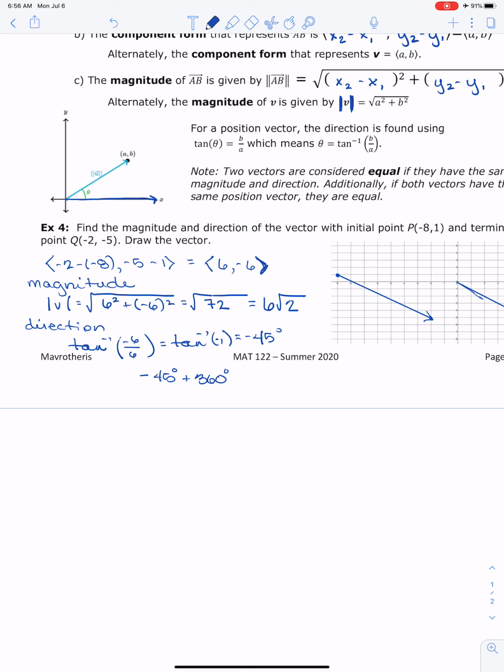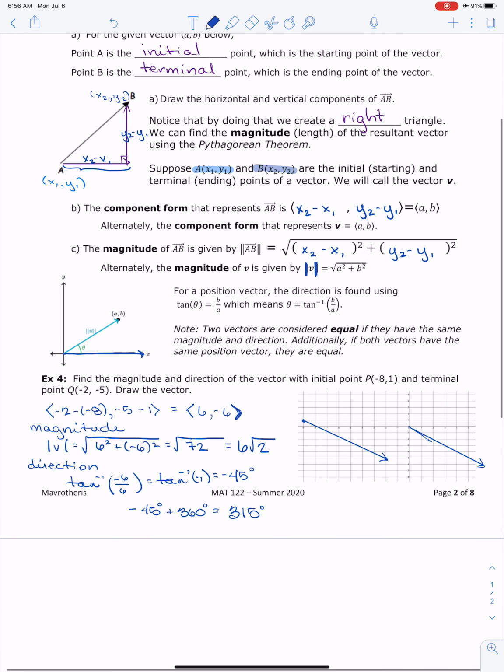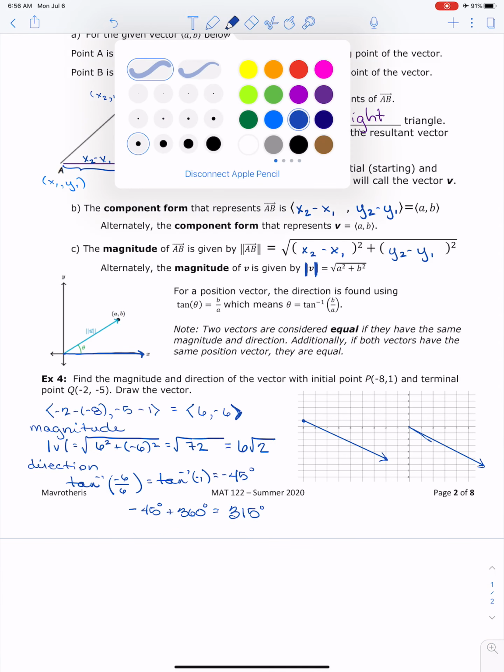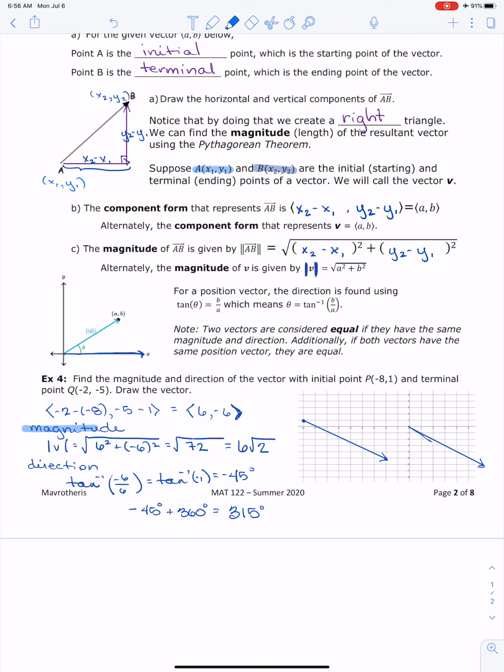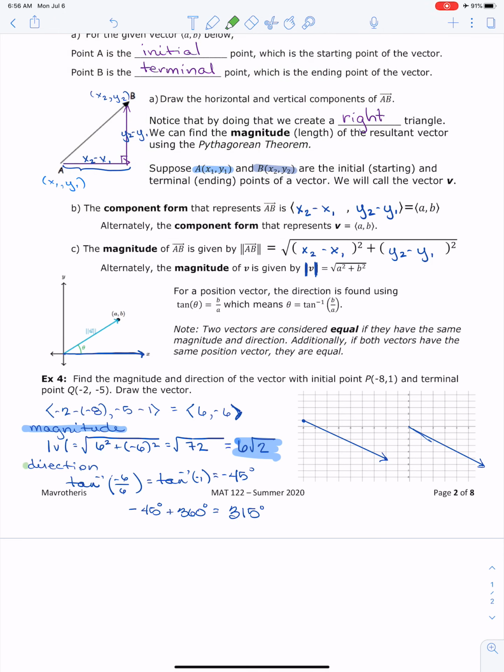We're going to go all the way around once, and we get a direction of 315 degrees. Okay, I don't want that negative angle. I want that positive angle. Okay, so we have a magnitude or size of 6 square roots of 2. We have a direction of 315 degrees. And that is what we've been asked for.